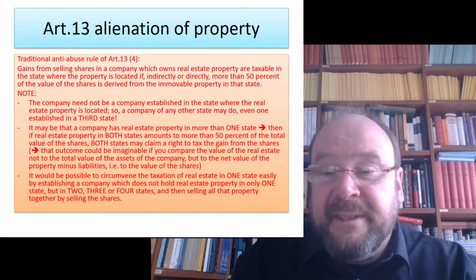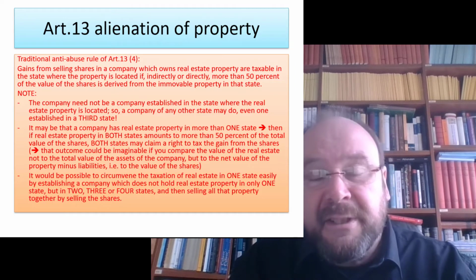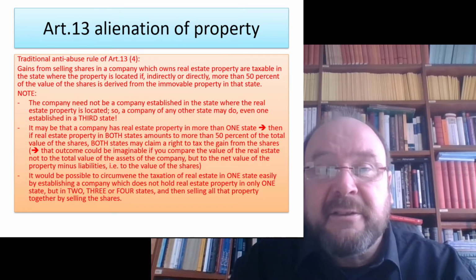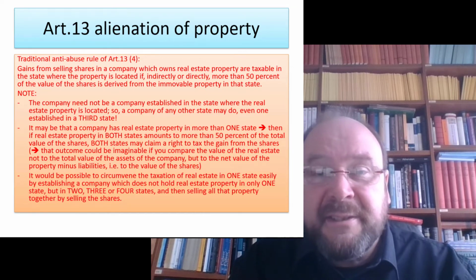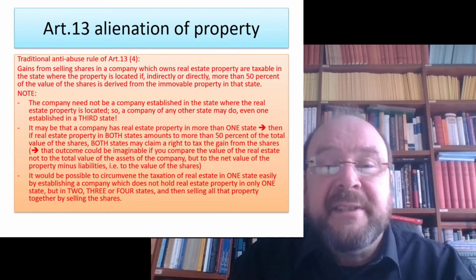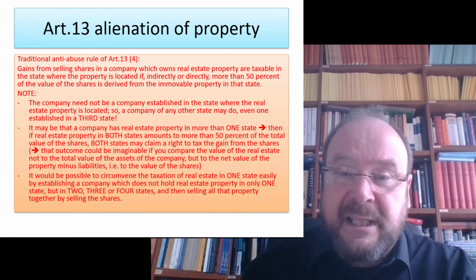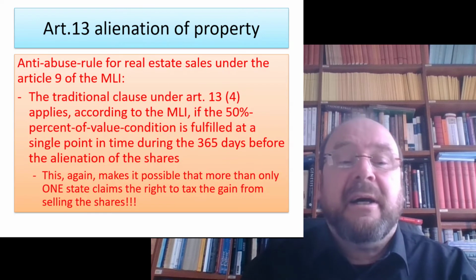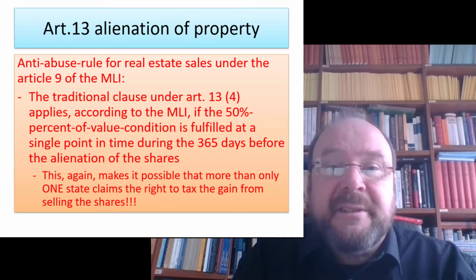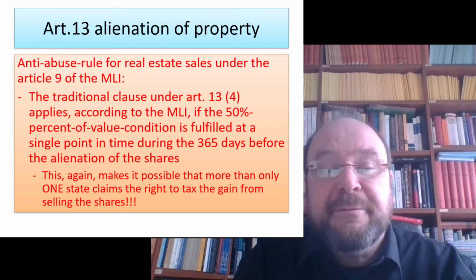So this is the traditional clause, and you have already heard that there has been the multilateral instrument, that treaty between many states to override all the existing double taxation treaties. And here they had an Article 9 in the MLI, which says there are existing double taxation treaties which do not yet contain an Article 13.4.